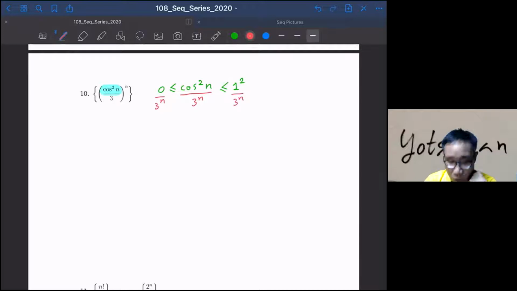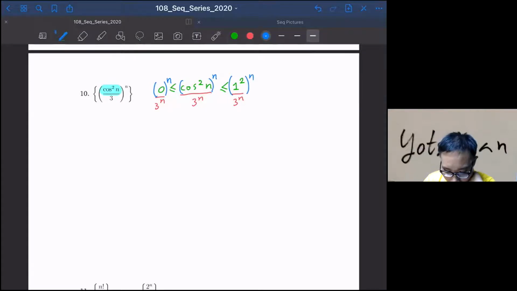So this would allow you to find the middle guy. I forgot that we need to raise this guy to the n also. So you raise this guy to the n, you raise this guy to the n, and you raise this guy to the n.